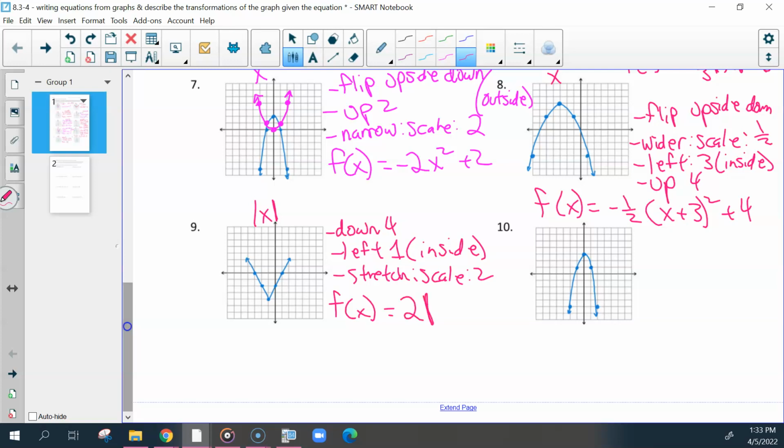Then our absolute value sign. Left 1, how would we write that? Not minus, but plus. And then down 4, how would we write that? Minus 4.